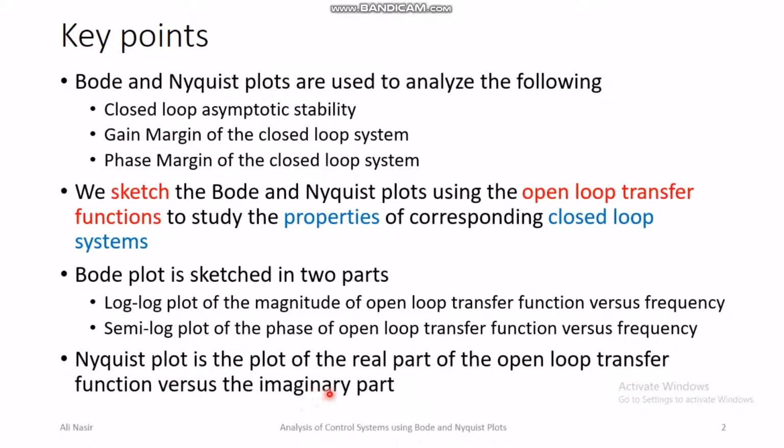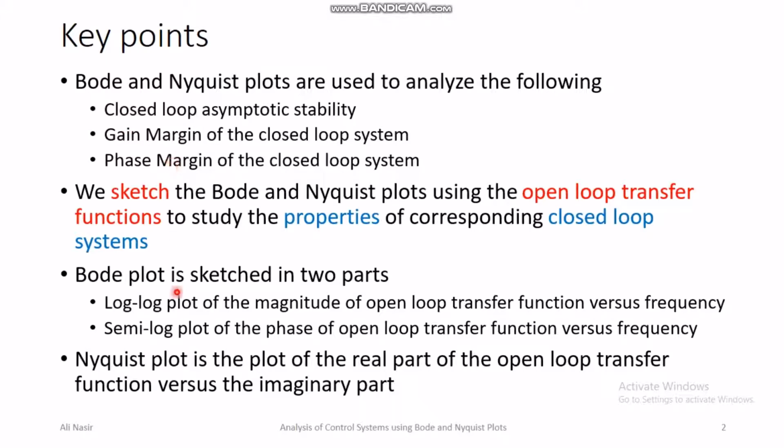So in the beginning of this course we discussed that there are two ways to determine the frequency characteristics of a system. One way is to decompose the transfer function into gain and phase, and the other way is to decompose the transfer function into real and imaginary parts. So if you decompose the transfer function into real and imaginary parts and produce a plot of real part versus imaginary part, that is Nyquist plot, and that is used to study closed loop stability, gain margin and phase margin.